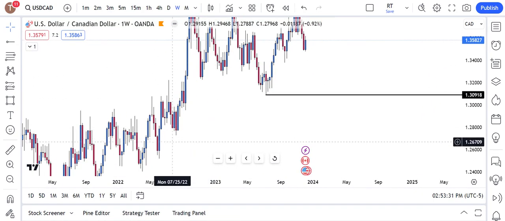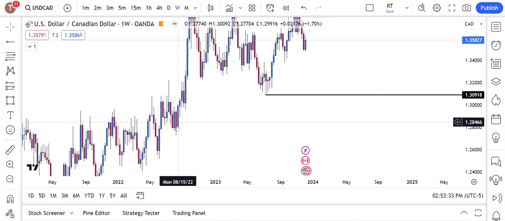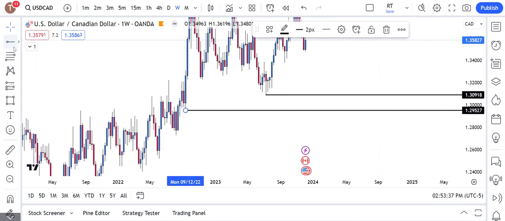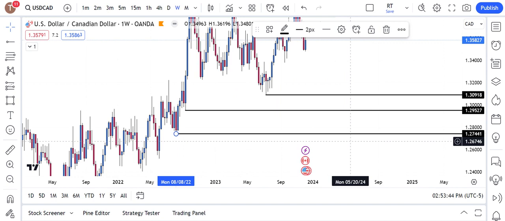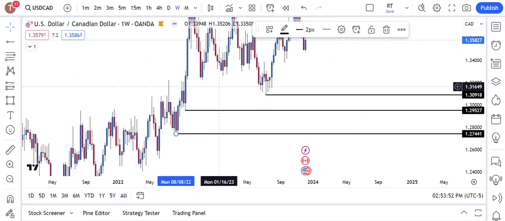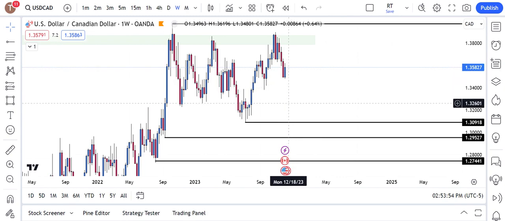And then my next target would be here and here. Once again, we do have wicks where orders of additional market participants have sell orders here. And it would be the opposite if we were looking for a buy. So I'm looking for price to continue to make its way down here.